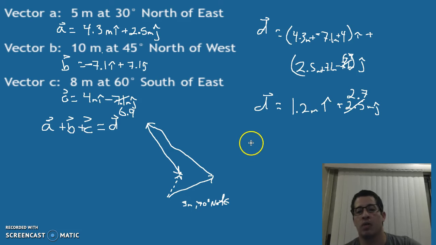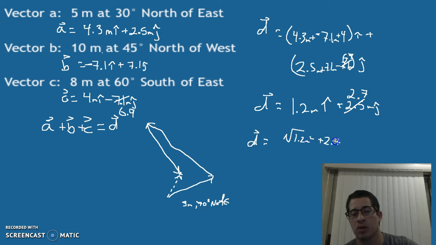We can go ahead and write it in magnitude direction notation. So for the magnitude, that's the square root of 1.2 meters squared plus 2.7 meters squared. And the direction is going to be inverse tangent of opposite 2.7 over adjacent 1.2.